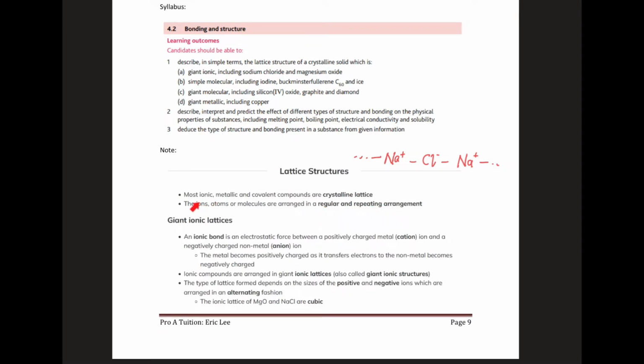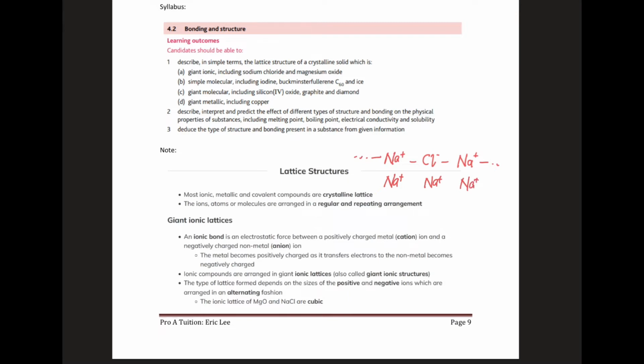So it can be the arrangement of ions as in ionic compounds. In metals, the ions are the metallic cations that are arranged, for example Na+, Na+, and Na+.